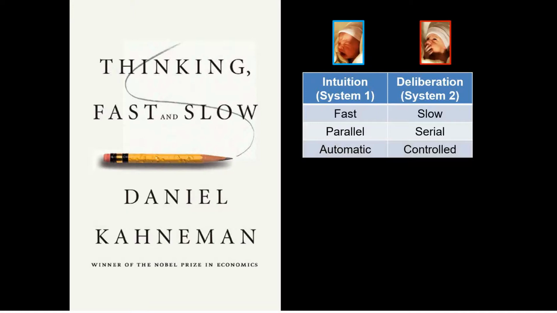Intuition is automatic, which is to say it just pops immediately into being, whereas deliberation is controlled, that is, it requires cognitive control to make it happen. Correspondingly, intuition tends to be effortless, whereas deliberation requires the exertion of cognitive effort to make it happen.